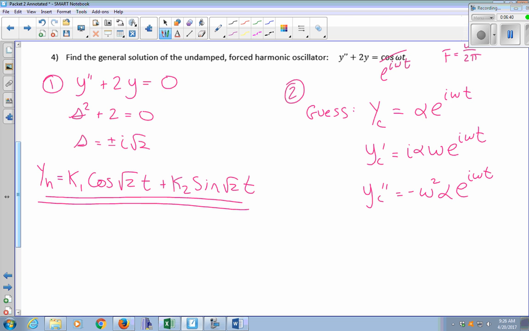Then you plug your y and your y double prime into the original equation.